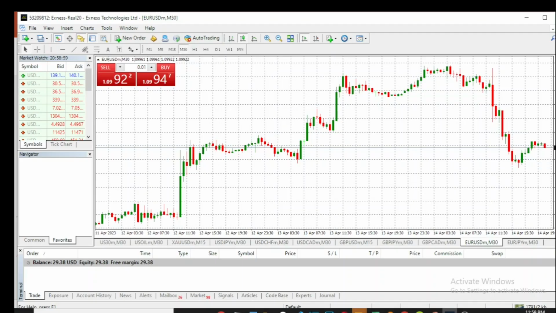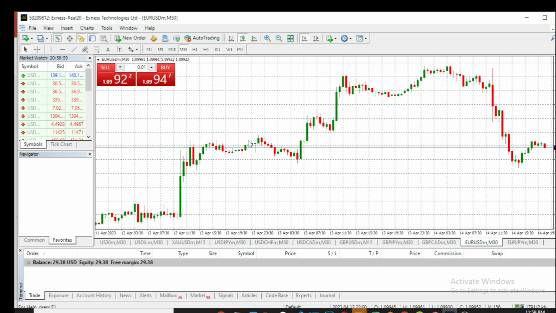If you are trading a standard lot or micro lot, each time a pip moves, the value is determined. If one pip moves, how much am I getting? What profit or what loss I get is determined by the value of the lot you are trading.